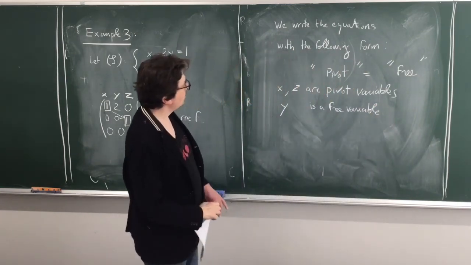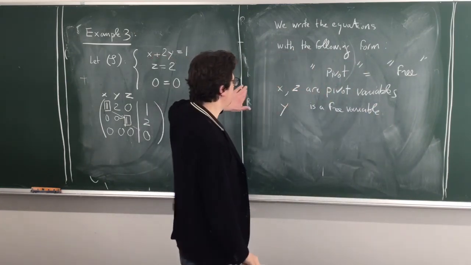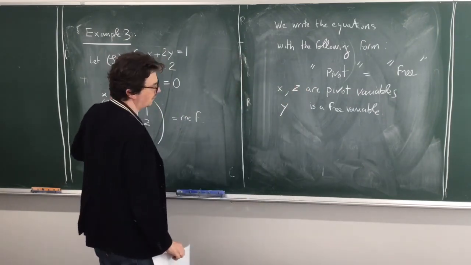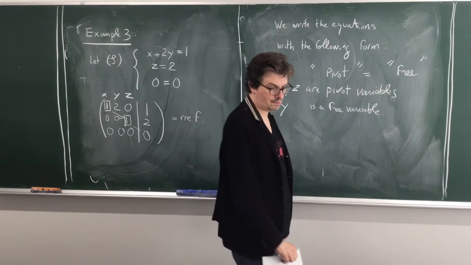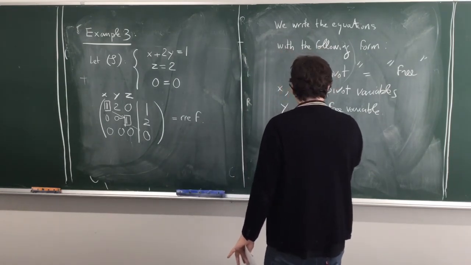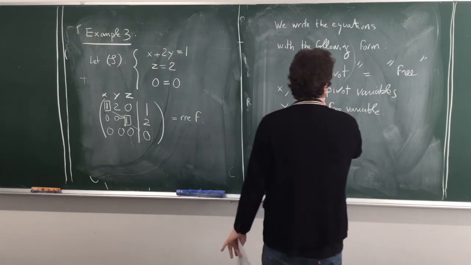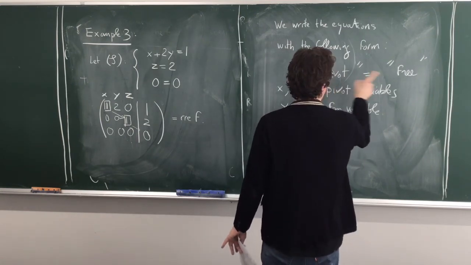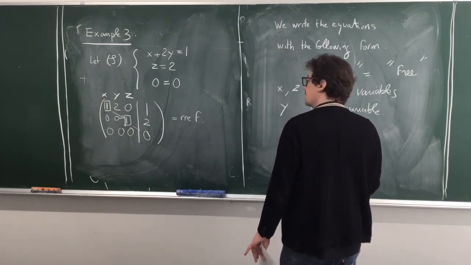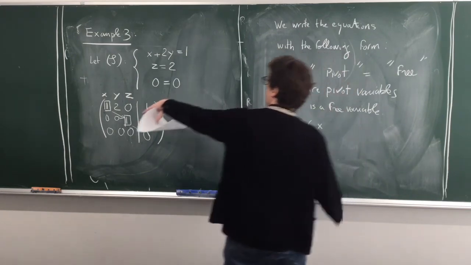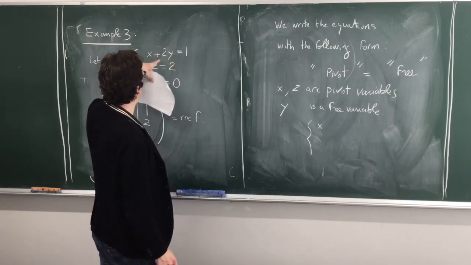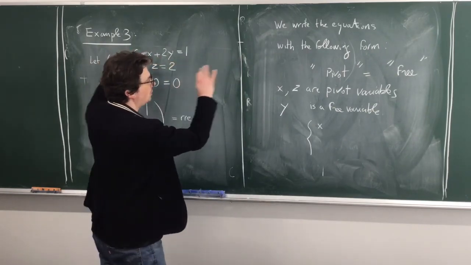Okay? So I'm going to write on the left side of each equation. Here I have 3 equations, in fact the last one is an unnecessary equation, we don't need it. So let's start with the first. I write pivot in terms of free. I'm going to write 1 times x, so x. This will be, of course, the same equation as here: x plus 2y equals 1, but I want to write pivot in terms of free.